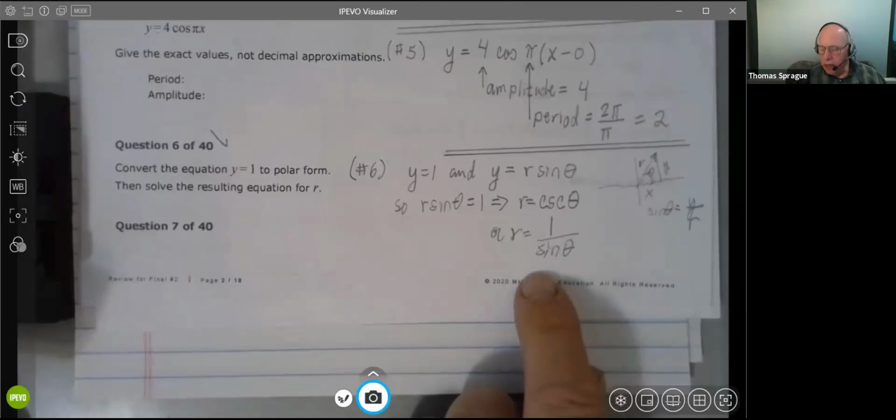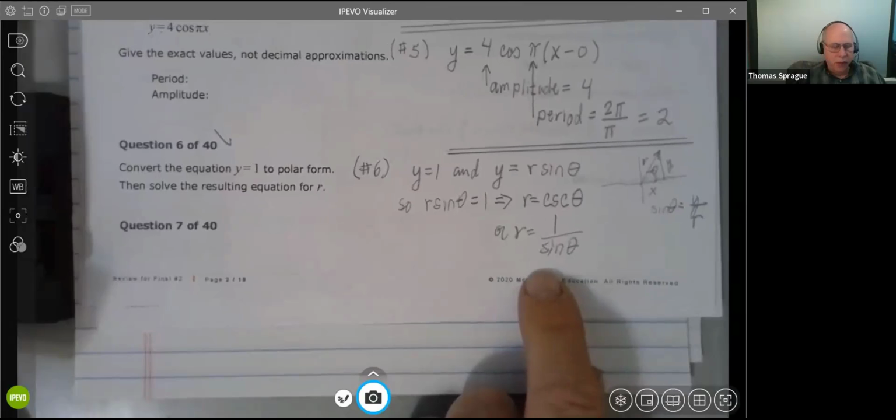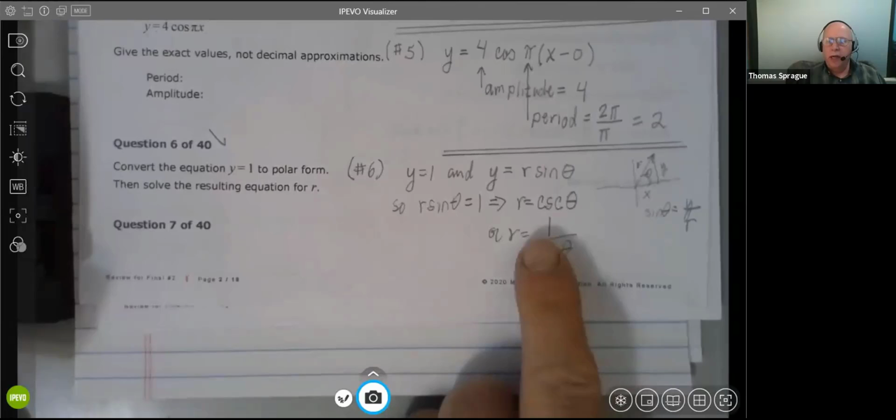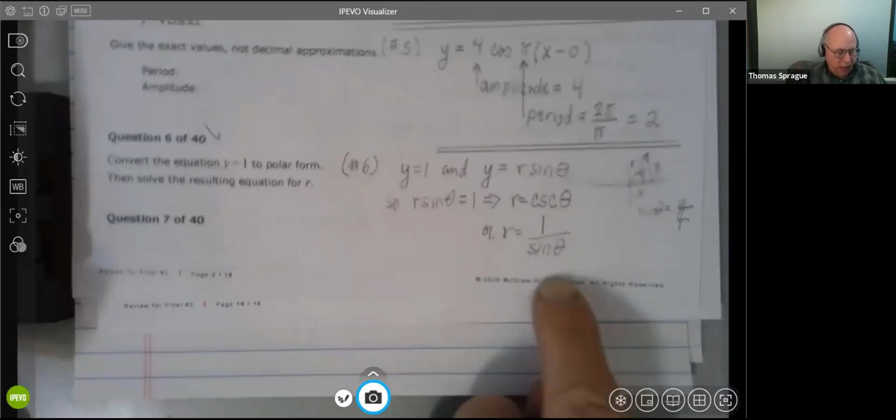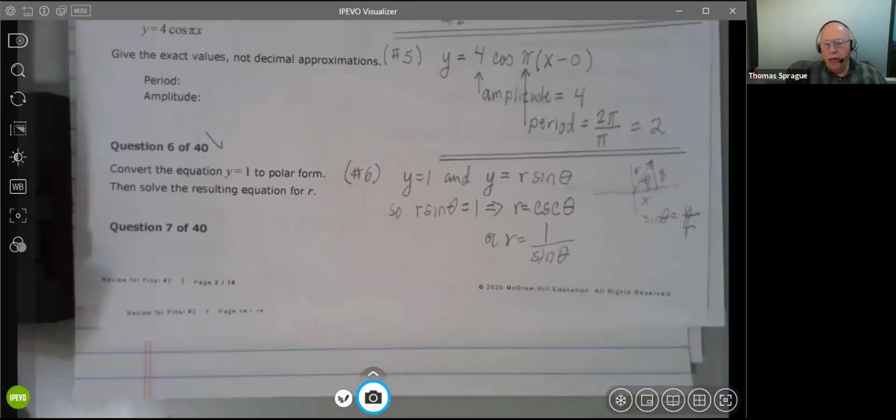Not always, but oftentimes they would rather write 1 over the sine rather than the cosecant, probably for no other reason than that the calculator has a sine button on it. And if you're doing something like engineering, sooner or later you have to turn these equations into numbers and instructions for how long to cut something, or coordinates of a point in a technical diagram or something like that.